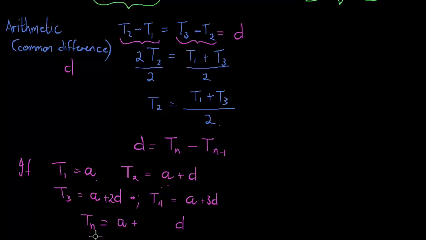Sorry? So what? Yeah? ND. No. Because if it's ND, then T4 must be equal to A plus 4D. N minus. What? N minus? Don't just guess, guys. Just have a look here. What do you see?